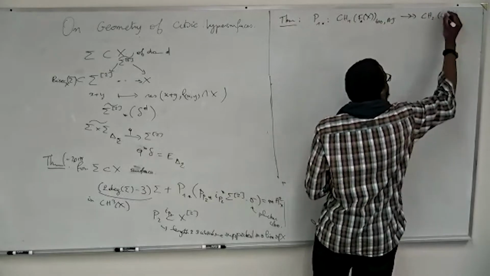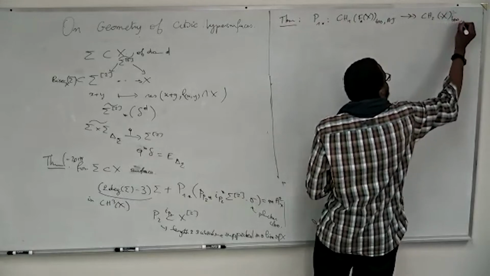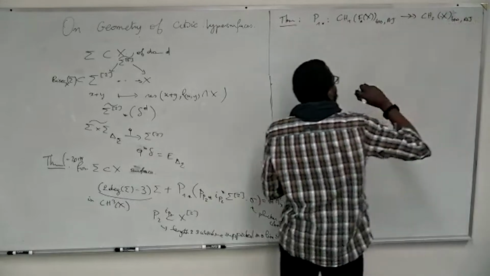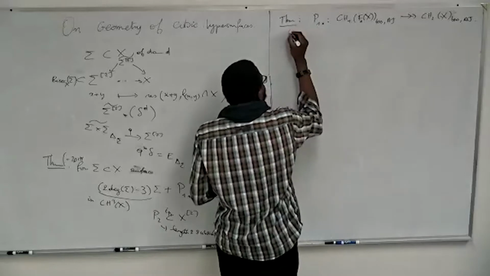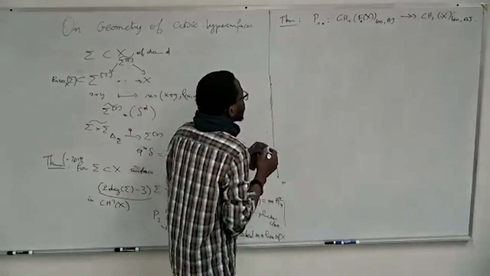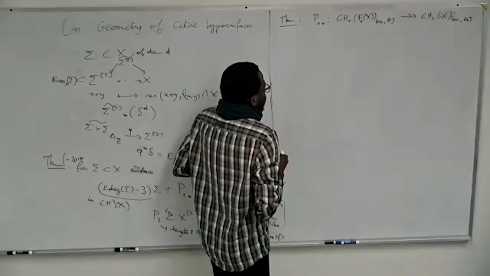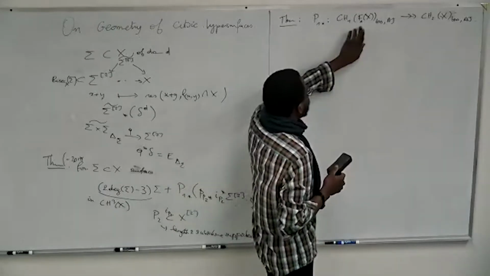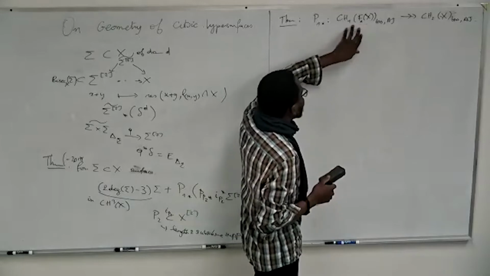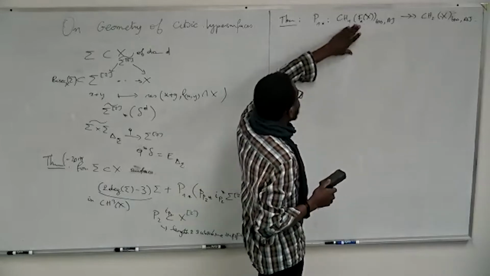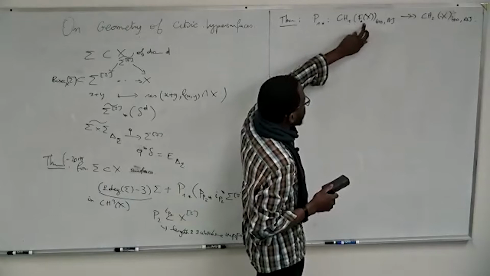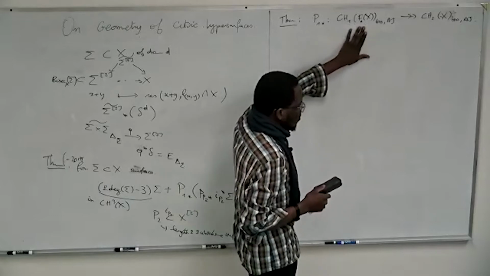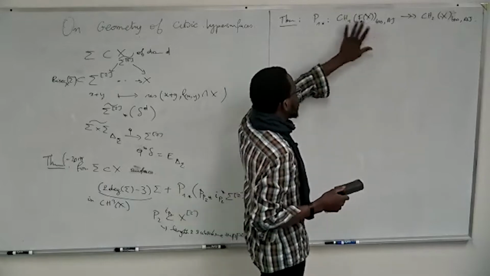So for the cubic 5-fold, everything is here. Unfortunately, I was not able to work with curves on this variety, which is, by the way, Fano, to prove that this group vanishes.